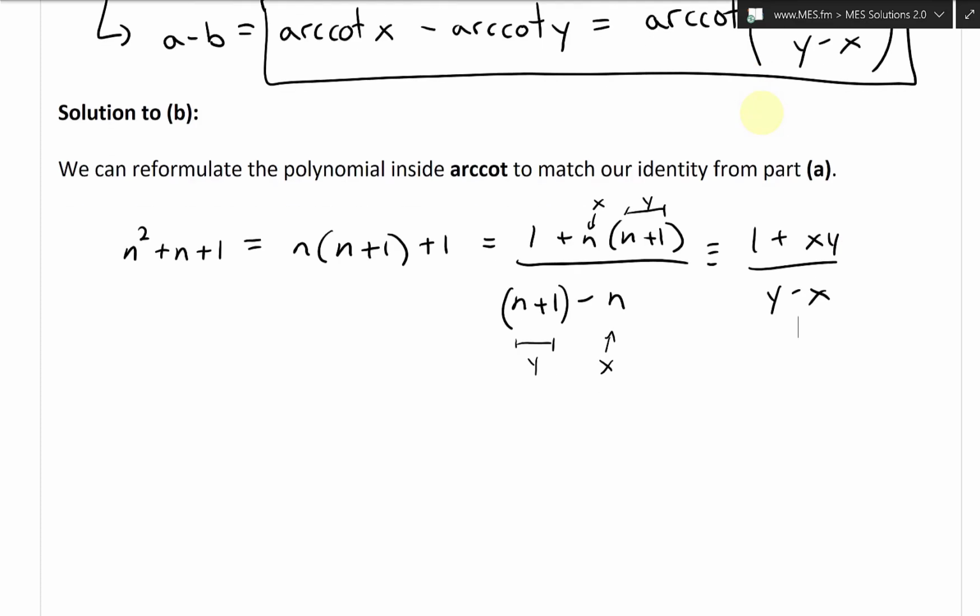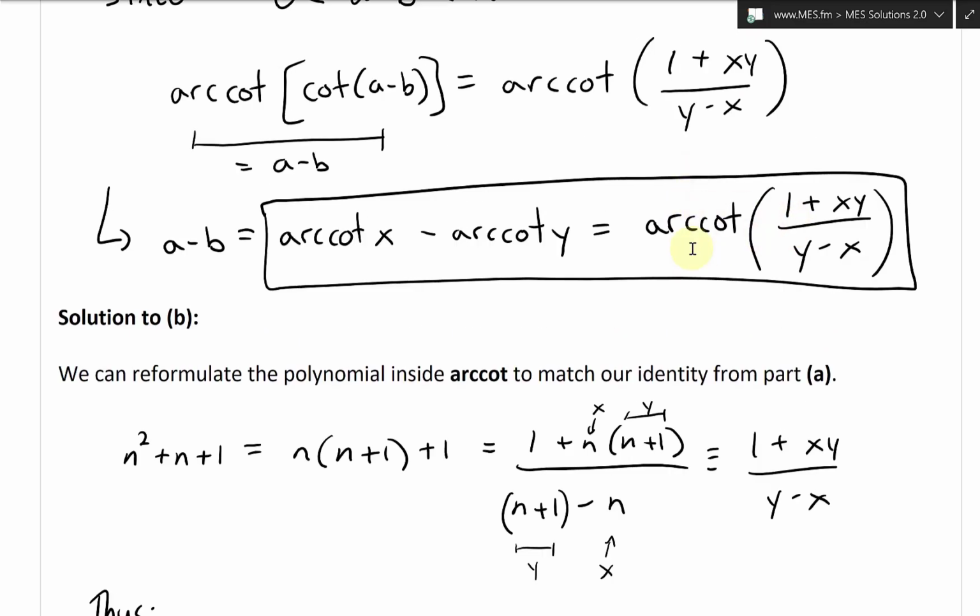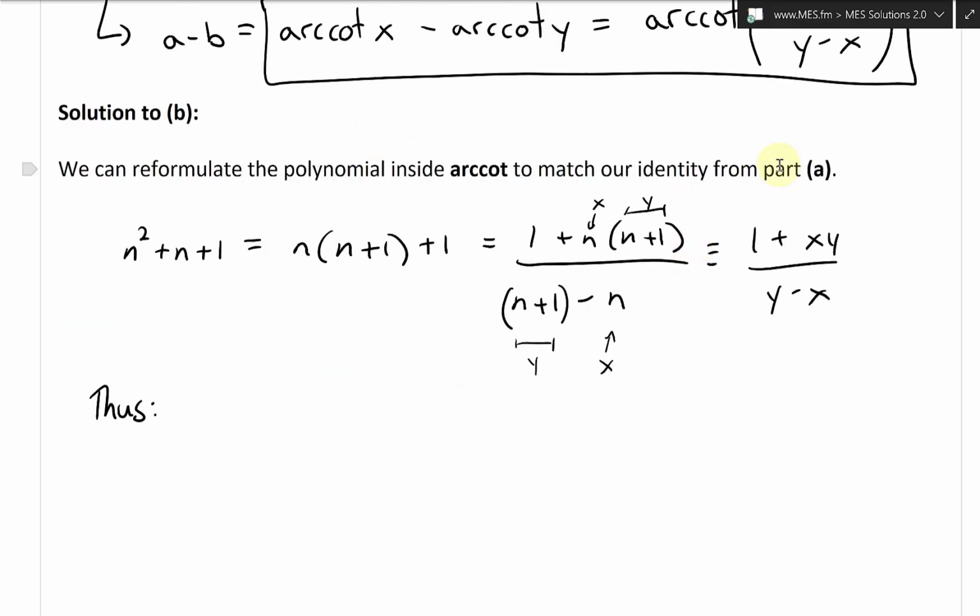Thus, we can just plug that inside. So we write this as the arccotangent of this. Now we've made it match our identity.